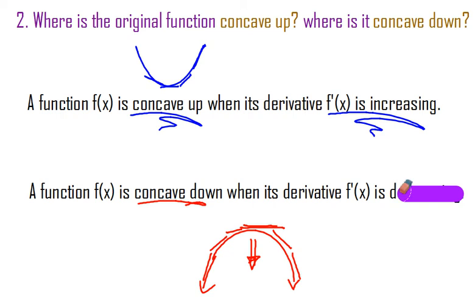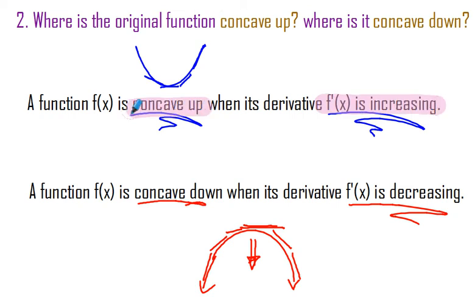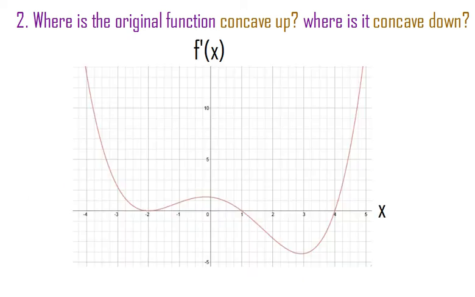All right, so if the slopes are decreasing, if the derivative is decreasing, then the original function is defined to be concave down. All right, so when we go to this graph, we're going to look at places where the derivative is increasing, and we'll infer the original graph is concave up. Look for where the derivative is decreasing, and we'll infer that the original graph was concave down. Let's do it.